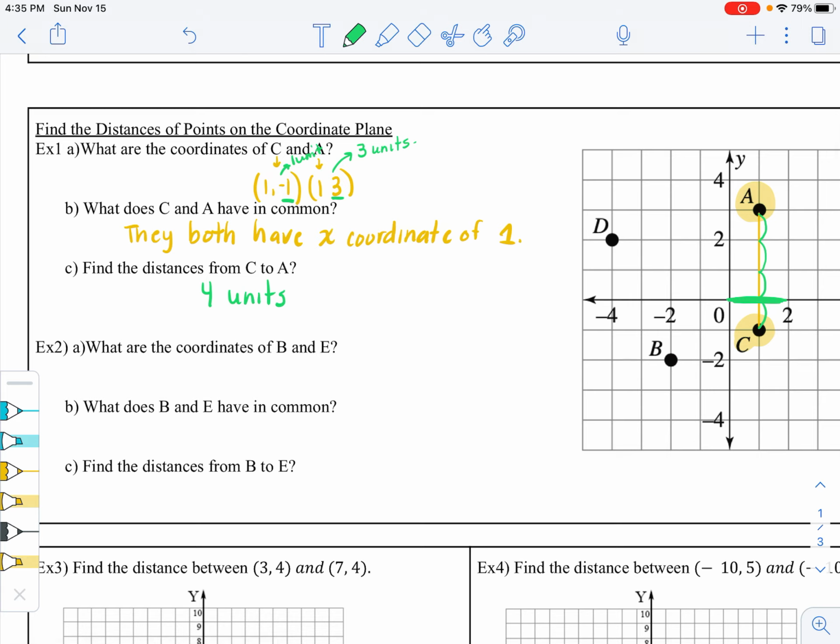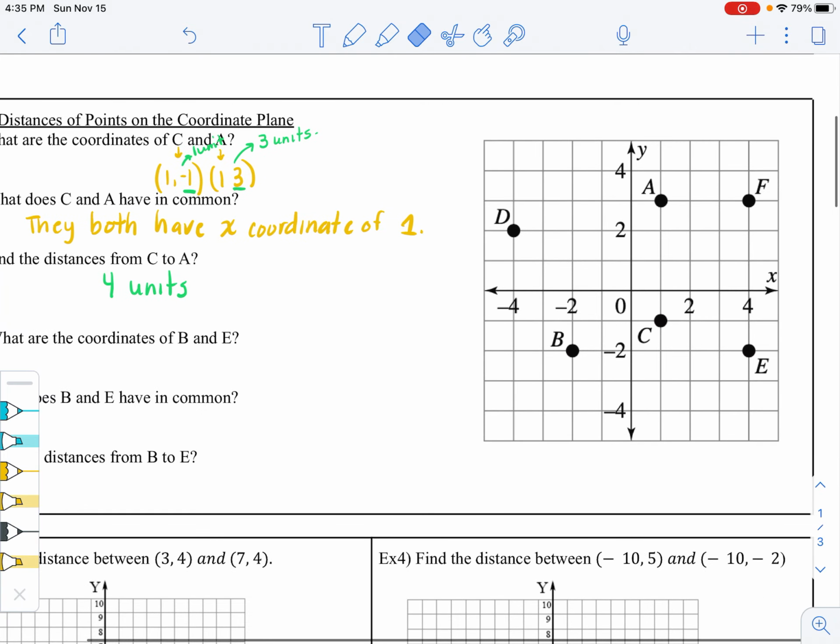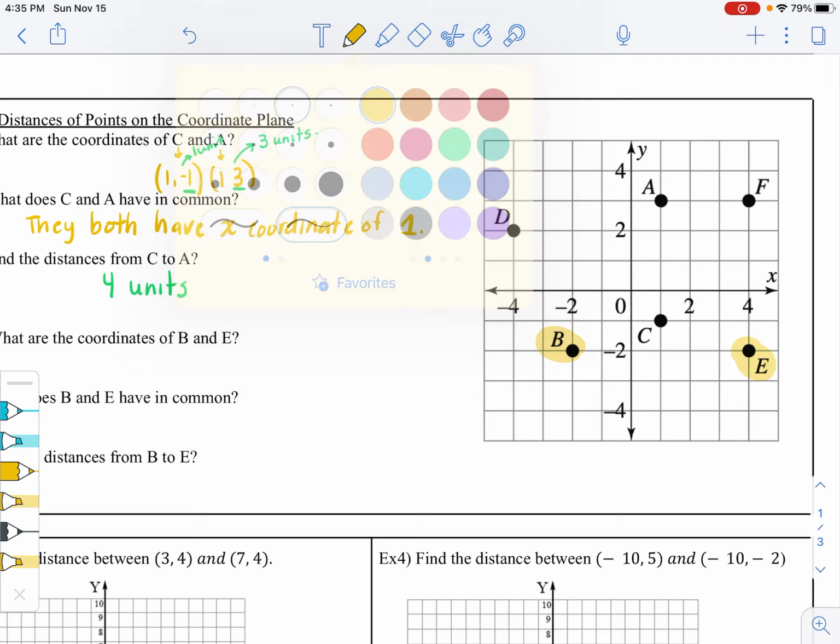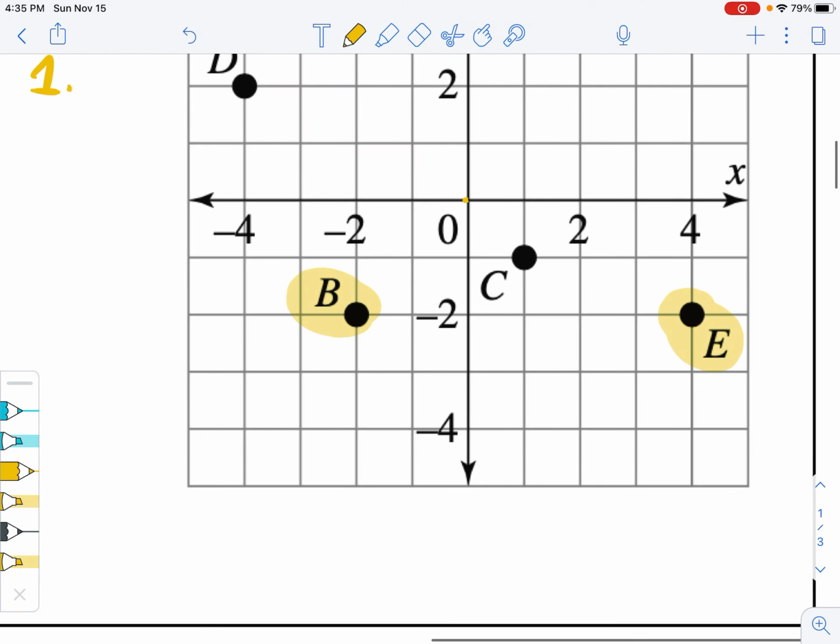And let's just do this last one here. We have B and E. So I'm going to erase my work here so that we're not confused. B and E. So B is here, and E is here. So let's get the coordinates of B and E first. So if I always start at the origin, I have to go left and right first. So to get to B, I have to go 1, 2 units left. So this is -2.